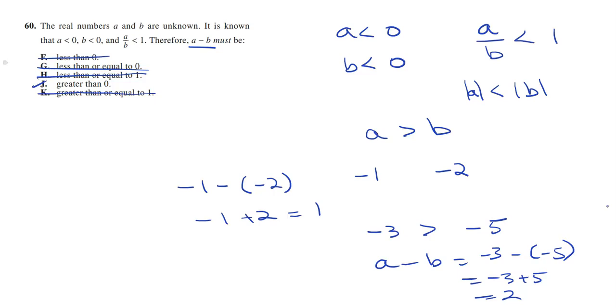So this is pretty much how you answer this type of question. These are very common questions on the ACT. So just take note. If you start solving through the problem and you're not 100% sure of your answer, just try a different set of numbers. You can try about three sets of numbers.